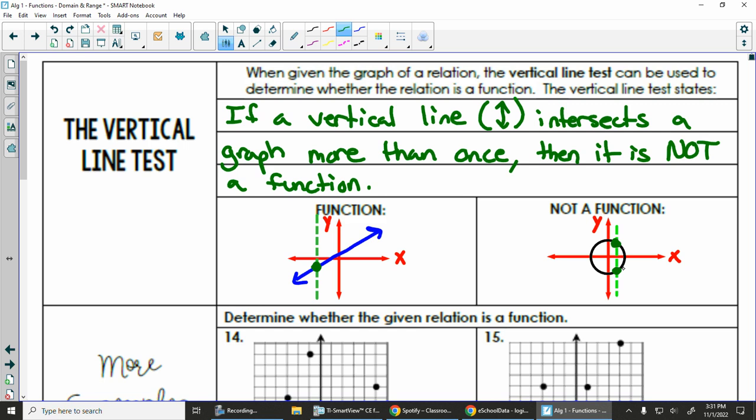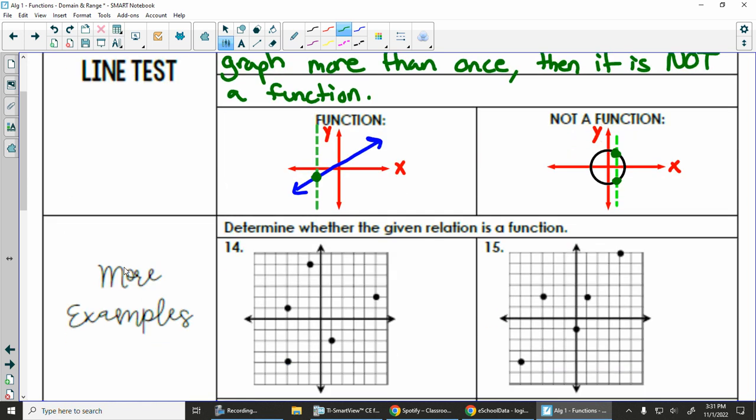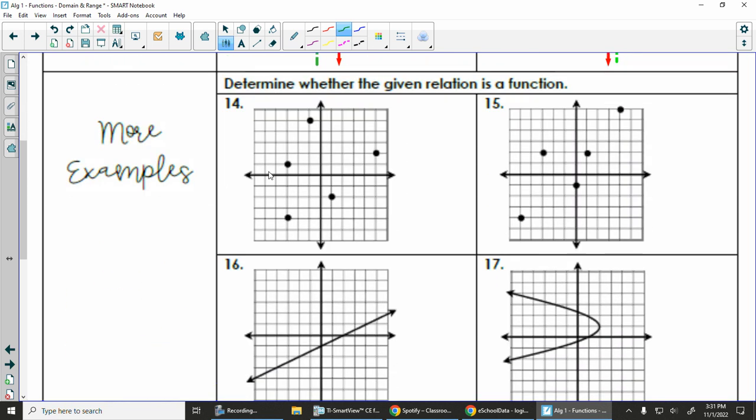So, below this, we have a whole bunch of pictures that we are basically just going to see, do they or do they not pass the vertical line test? So I'm going to go through the left column with you, and then I would pause the video and you try the right column on your own. All right? So all I'm going to do here is get myself another vertical line.